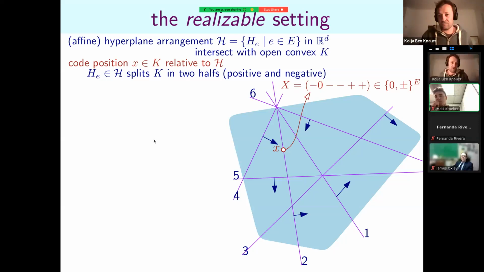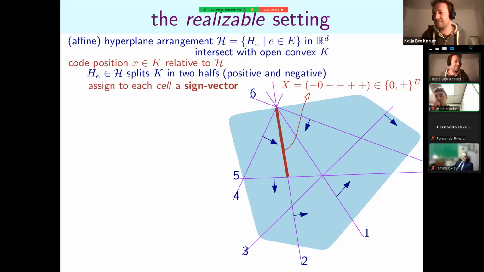Okay, so this you can do. If you think about it, as long as I move my point within a cell of this arrangement, this sign vector will not change. If I move this little point inside this cell, it will always get assigned the same sign vector.